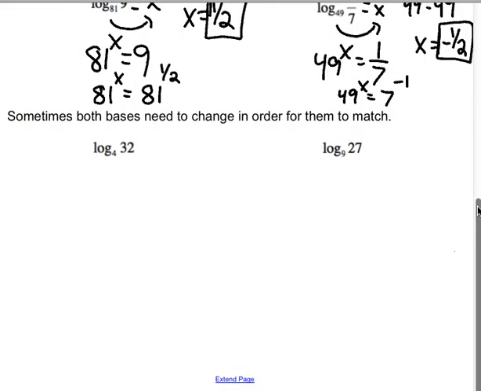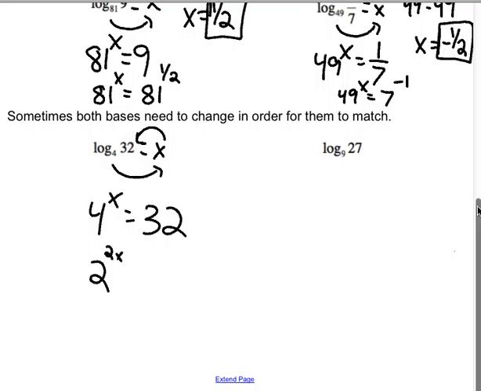All right, and now looking at these. Now sometimes when you rewrite them, 4 to the x equals 32. So here, 32 is not a power of 4. So sometimes when you hit a situation like this, you have to rewrite both. 4 is 2 squared. 32 is 2 to the 5th power.